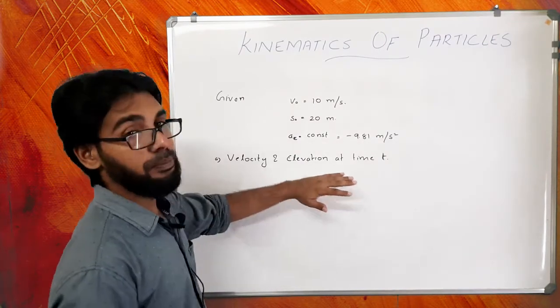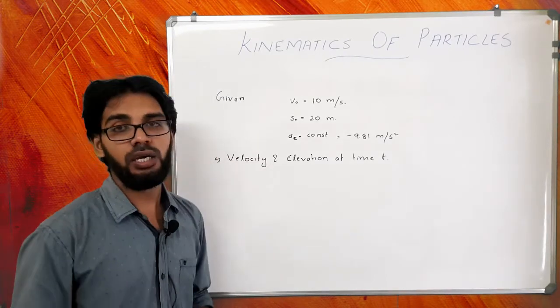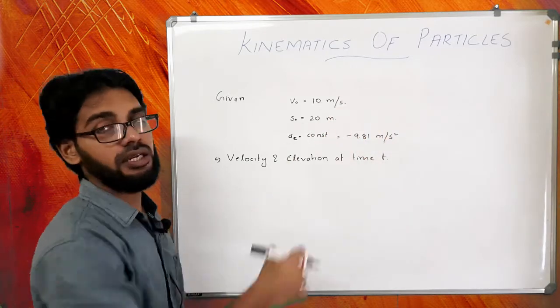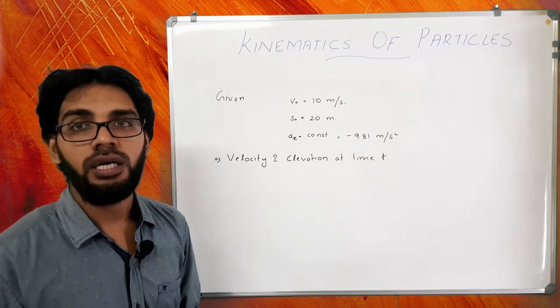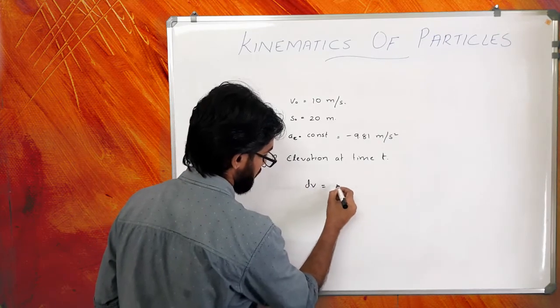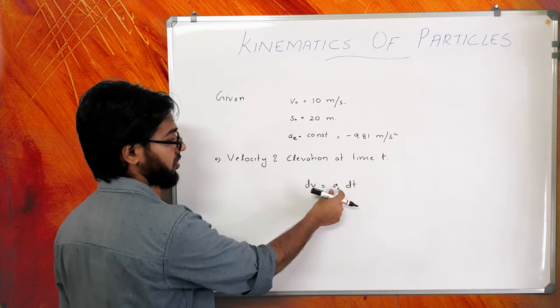Let's start from the basics. Remember the three equations which we had studied earlier. I want you to keep reminding that equation so that I will not write it down here. Now, the first equation is dv equals a dt. Here a_c is a constant.